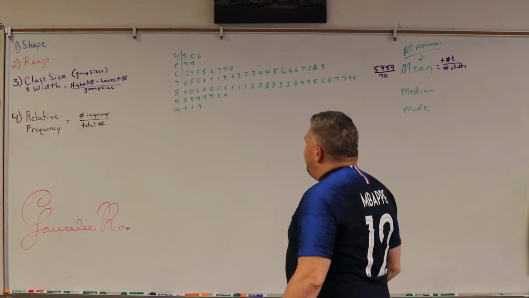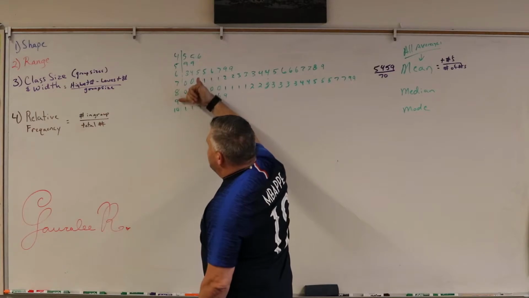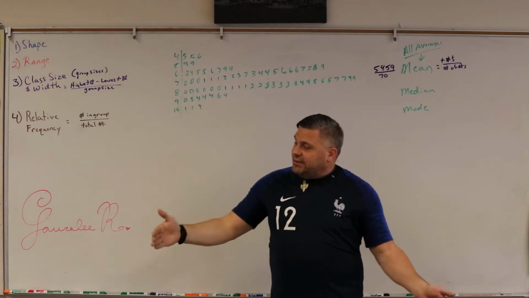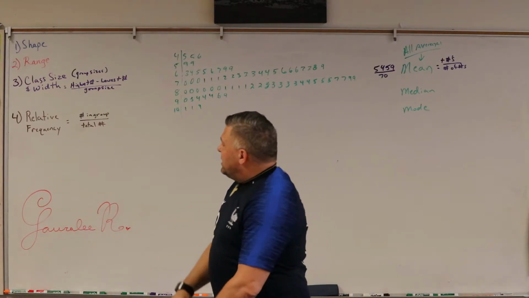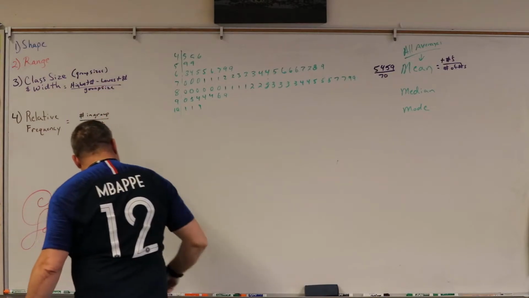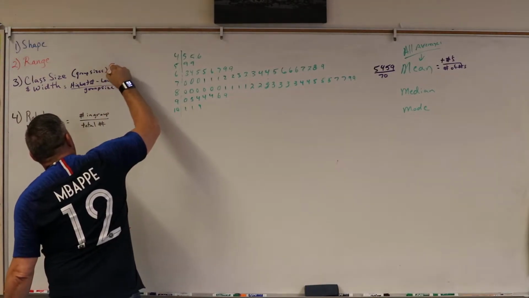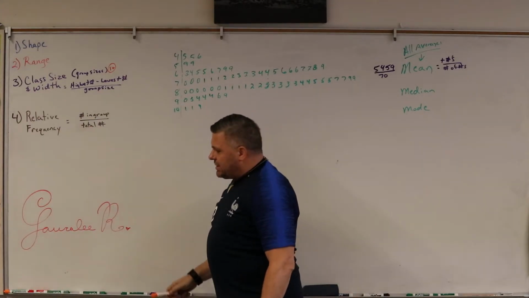A stem and leaf plot starts like this, where you have a 40, 50, 60, 70, 80, 90, 100. So each class is 10. Our class size, or our group size, is actually 10. So that answers one question.